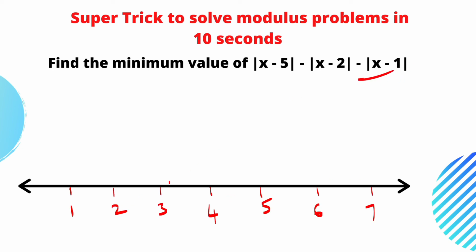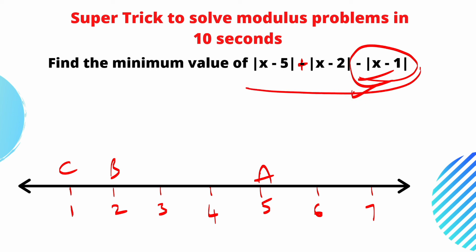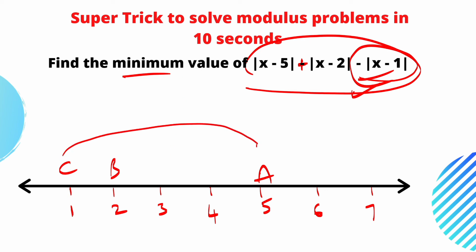Now where is A? A is at 5, B is at 2, C is at 1. Sorry, this must be plus. C is at 1. So we must make sure that we are making this negative value maximum, so that the overall value will be minimum. So C must travel as far as possible, so that this will be maximized.